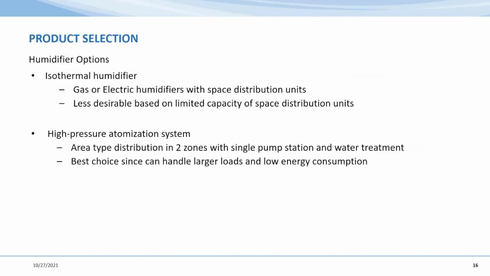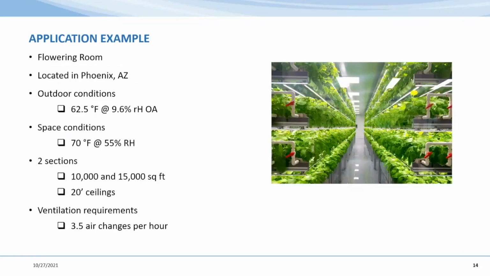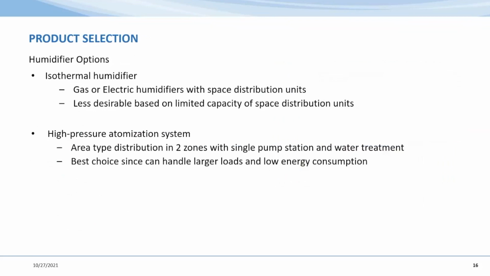So looking at product selection, using our load calc software on our website yielded a 480 pound per hour load based on these conditions. Now that we understand the load, we look at a couple of different options, whether that's an isothermal humidifier, gas or electric, and there are some limitations to that.